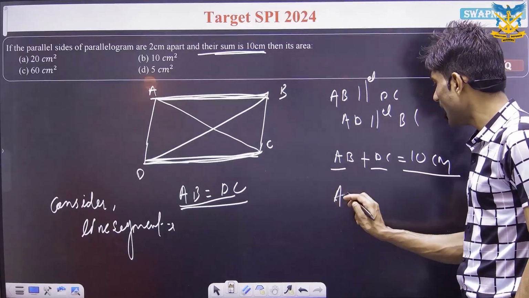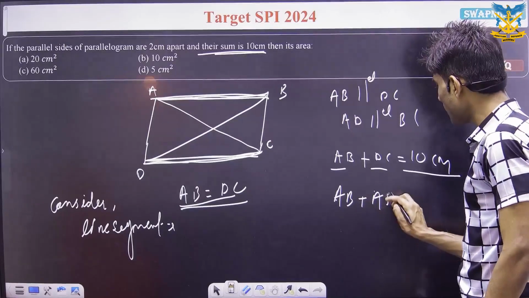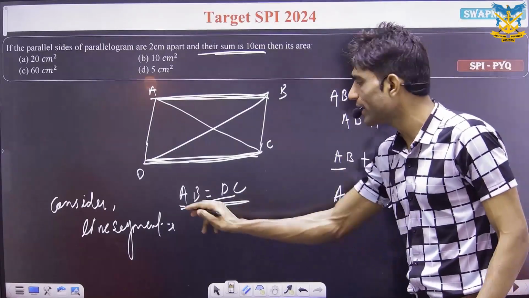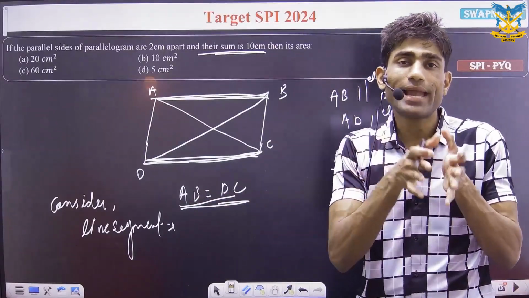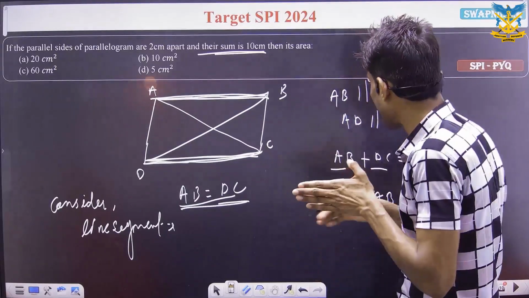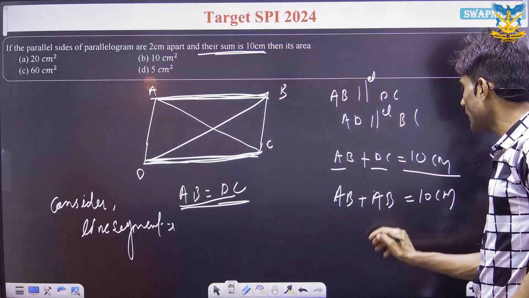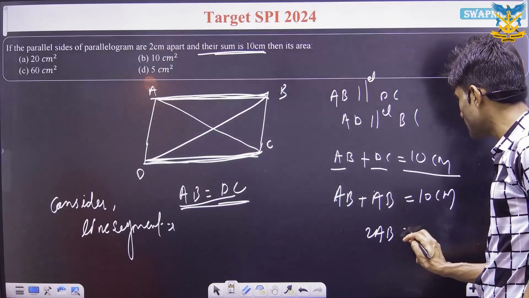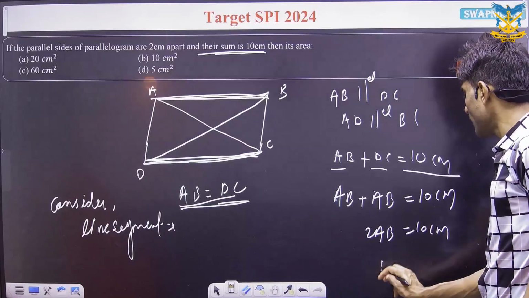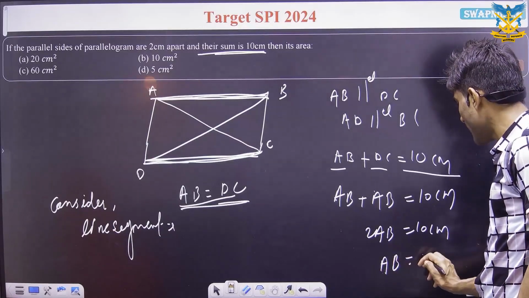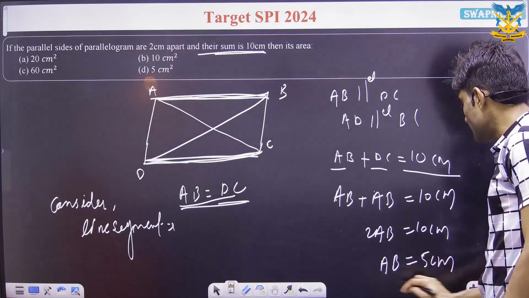That means we write AB plus AB, because DC has the value AB here. Since AB and DC are equal sides, I can replace DC with AB, which is equal to 10 centimeters. So AB plus AB, 2 times AB, is equal to 10 centimeters, and AB is equal to 10 divided by 2, which is 5 centimeters.